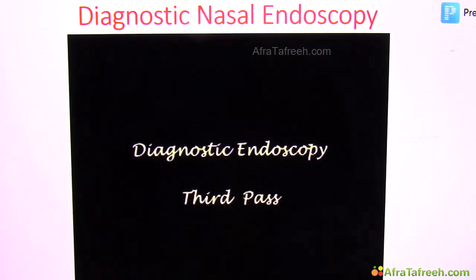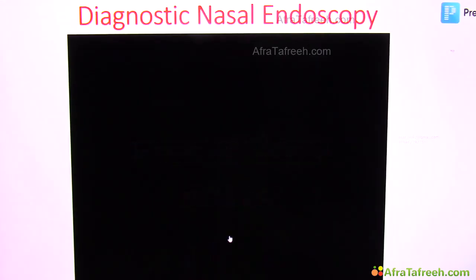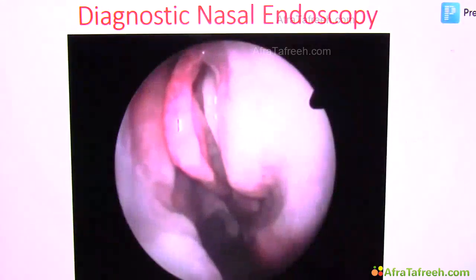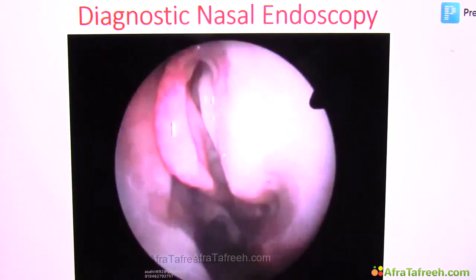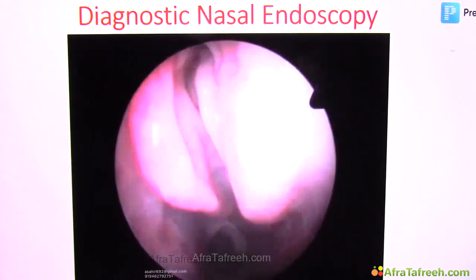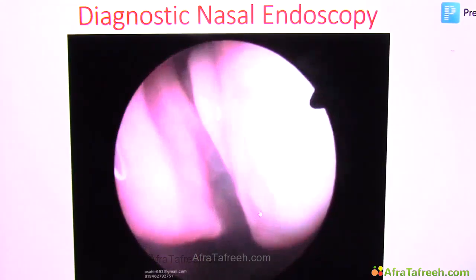Now in the third pass, we will take our endoscope and try to go into the middle meatus area. So you see, this is the middle turbinate. Now this structure, which is a boomerang shaped structure, is the uncinate process.